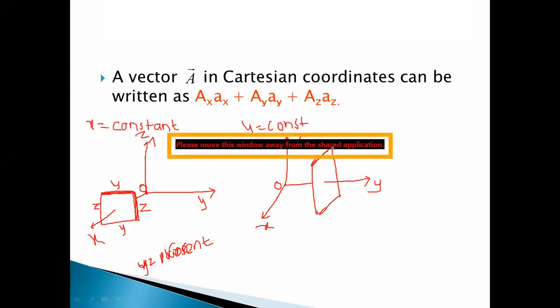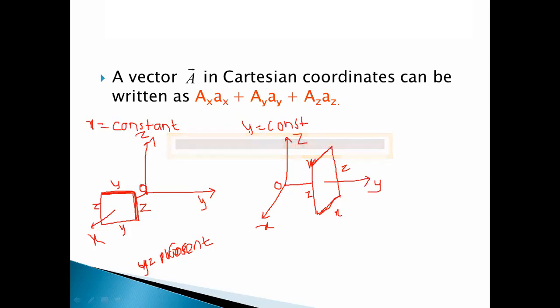Which axis is this upper line showing? X, correct. So this is your x-axis, and these two vertical lines are showing the z-axis.